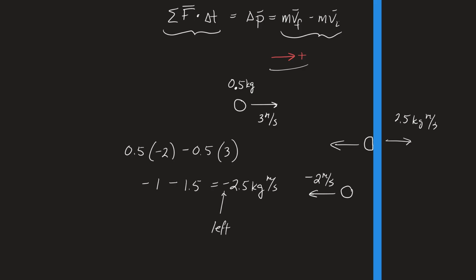Now, I'm not actually done with this question. This part's, I think, what you should expect to see on the second part of the question, which is if the ball is in contact with the wall for 0.003 seconds, how much force did the wall apply to the ball?